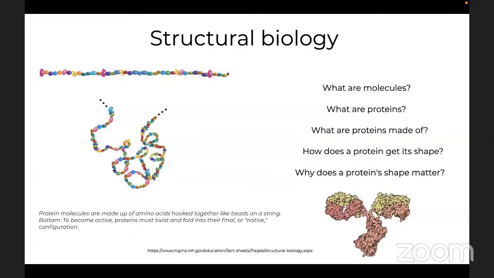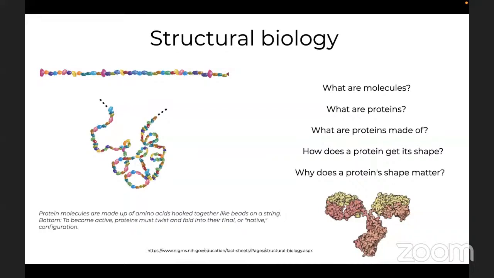Structural biologists are particularly interested in proteins because they do so much work in our body. That is one of the reasons there are so many protein structures. Increasingly, biologists are also investigating large molecules made up of a combination of RNA and protein, called RNA protein complexes.